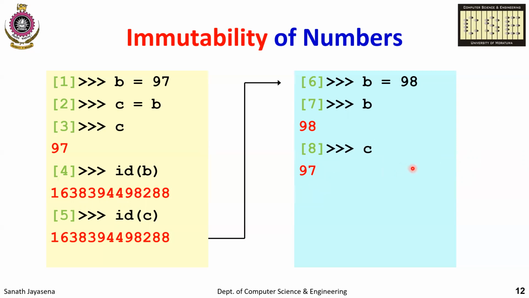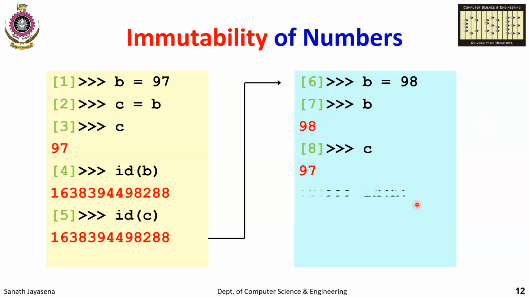What is going on? The next thing we need to do is see whether B and C still refer to the same object. Actually, here it means it cannot be the case. B is referring to an object whose value is 98, while C is referring to an object whose value is 97. That means actually there are two objects, it looks like, right?